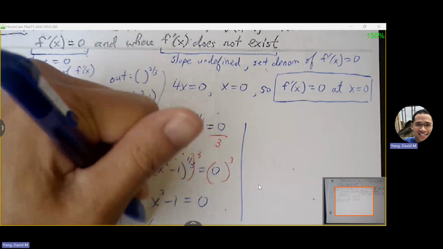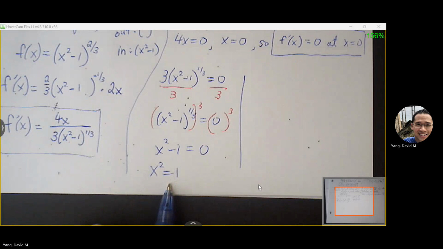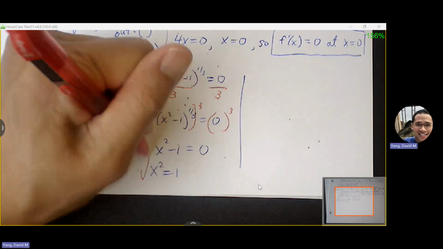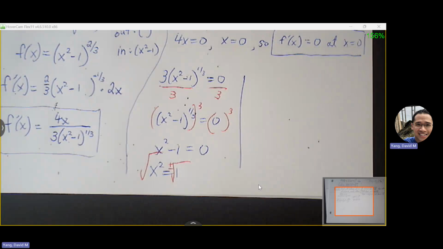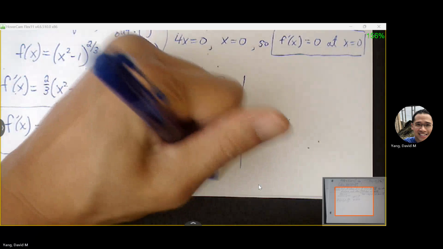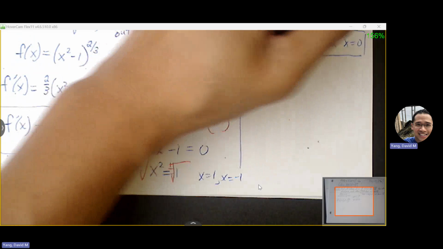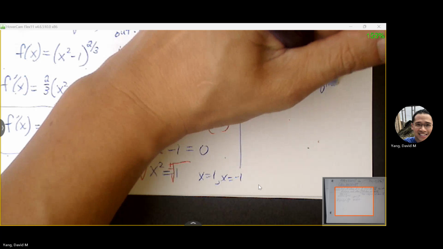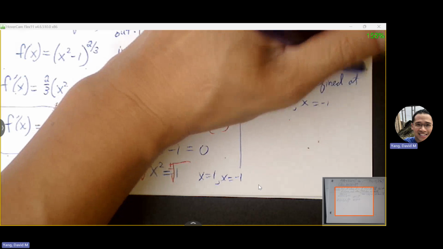I can solve for x. What do I get for x? x equals what? Good, plus or minus 1. Anytime I take the square root of an equation, there's going to be a plus or minus 1 that shows up. So we can say f prime is undefined. The slope is undefined at x equals 1 and x equals negative 1.